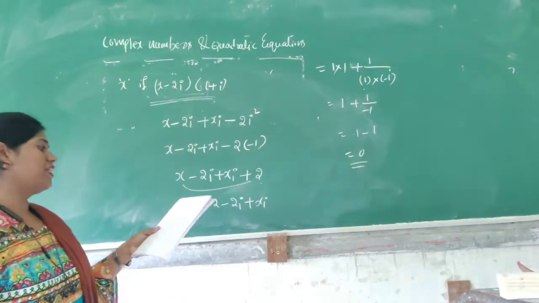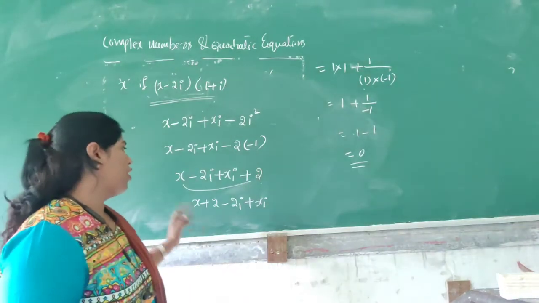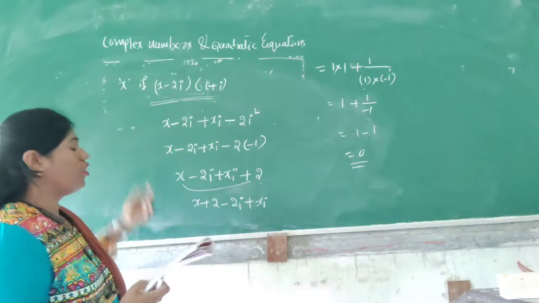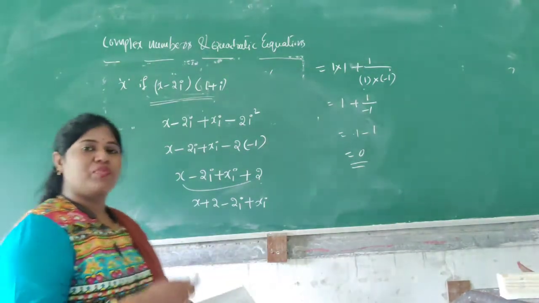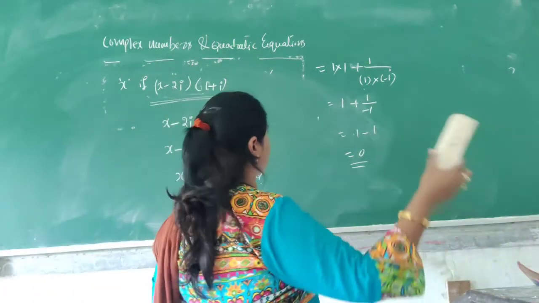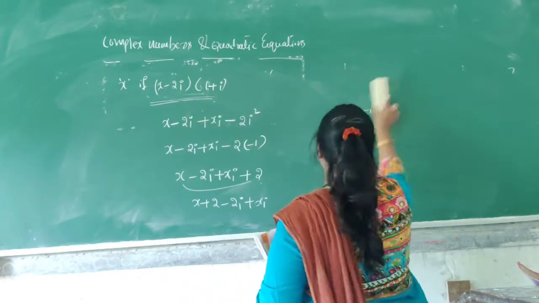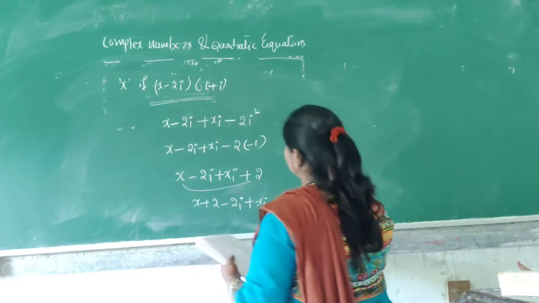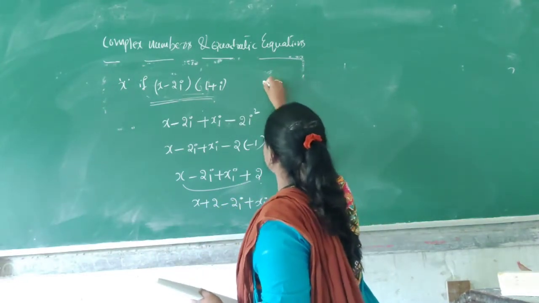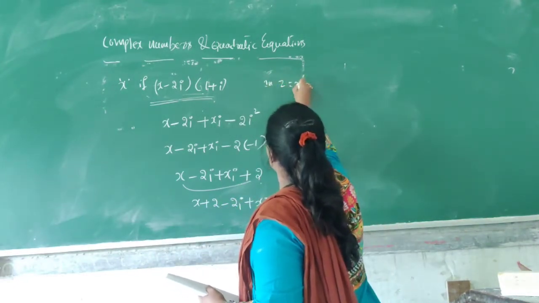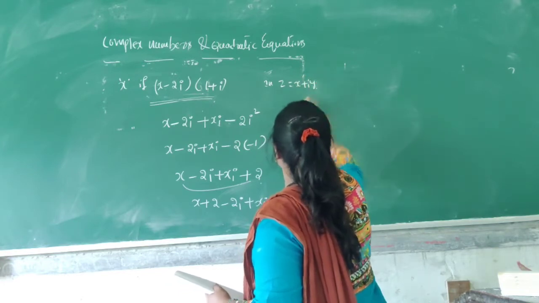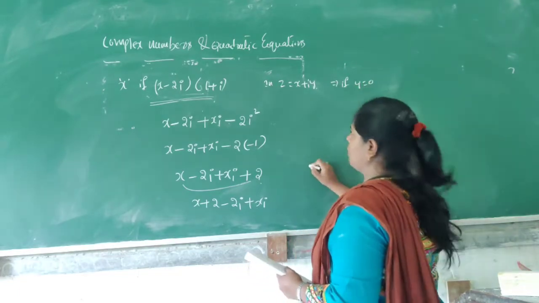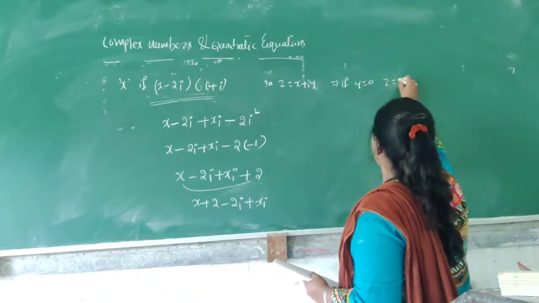We have to find the real number x, the value of x. They have given that it is purely imaginary. In the previous class we have learned what is purely imaginary and what is purely real. In z is equal to x plus iy, if y is equal to 0, then z is equal to x.